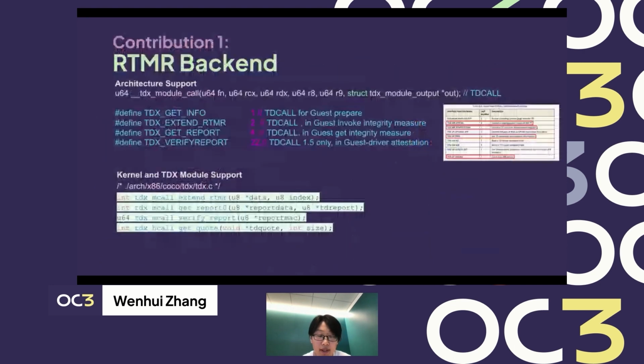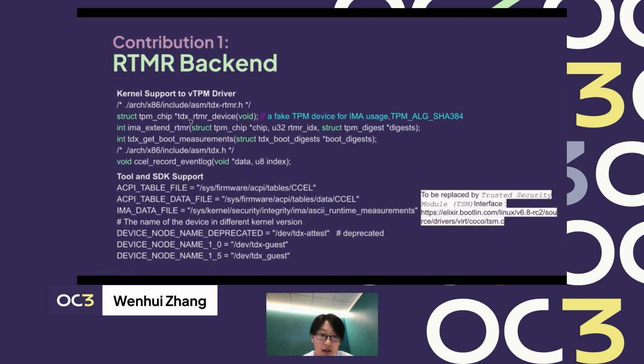So I will probably skip the background here and then jump into the contributions. So first is the RTMR background. The Intel part, our collaboration team added extend RTMR, get report, and verify report to support the attestation report. And then we also added CCEL event log recording for the kernel support in the vTPM driver.